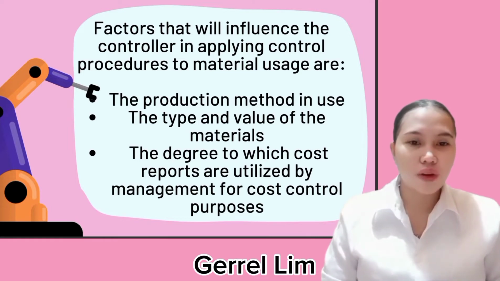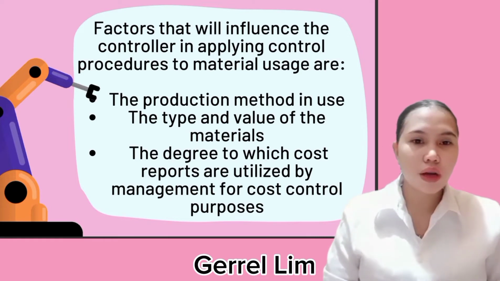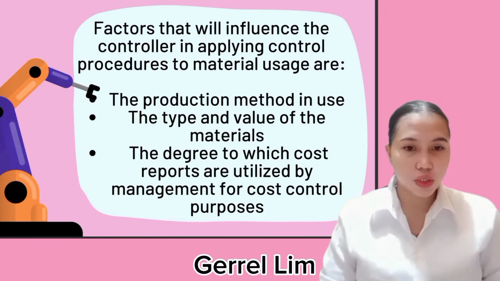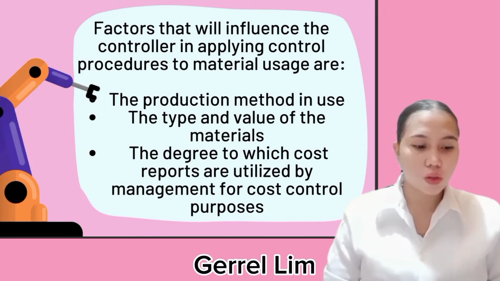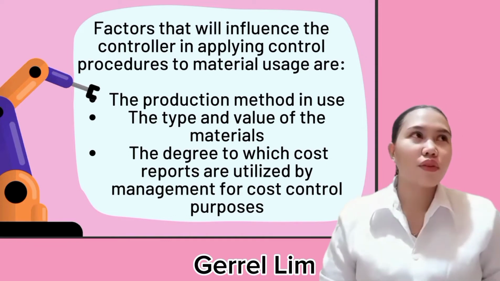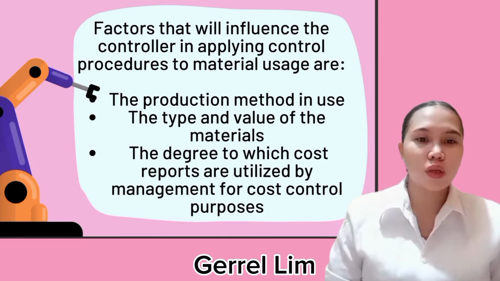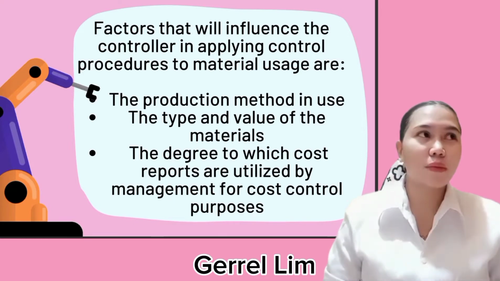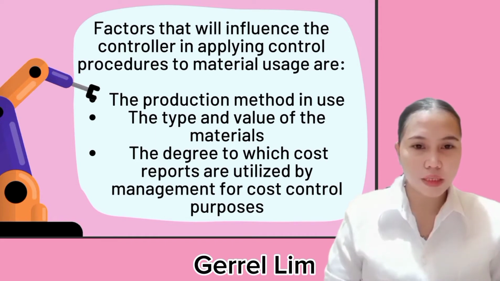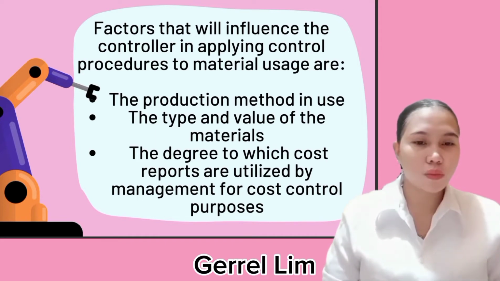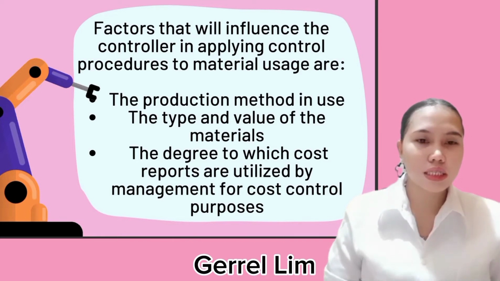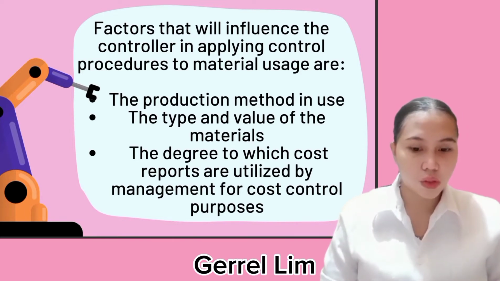The higher the value, the higher the standard needed in the procedure method for the controller's procedures on material usage. For example, jewelry made from gold. Gold is so expensive, that's why the procedure method has a high standard of controlling.